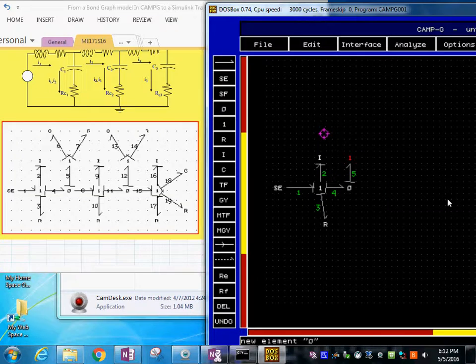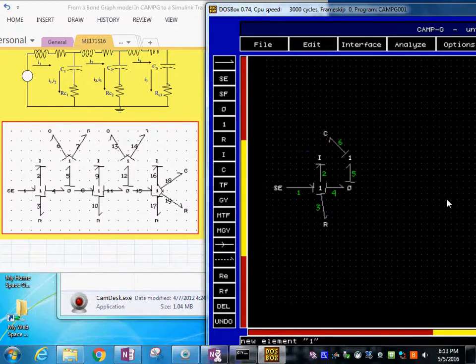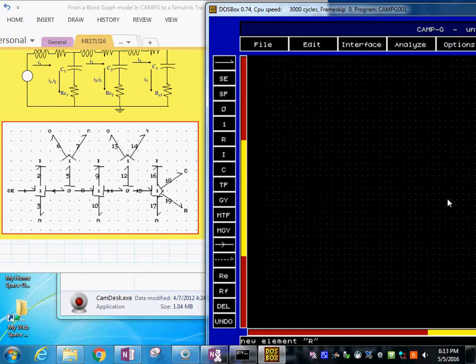And then you have the C here, and then we have the R element also, and then we do the next one, which is number 8, that goes to a 1 junction over here, and that is like this.